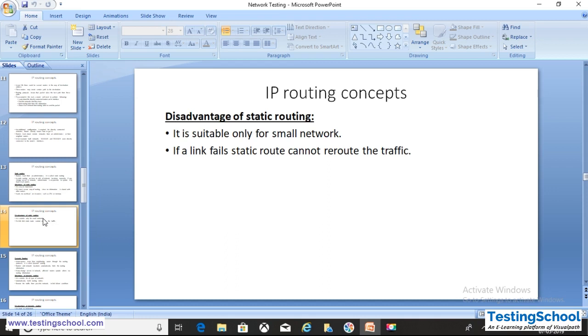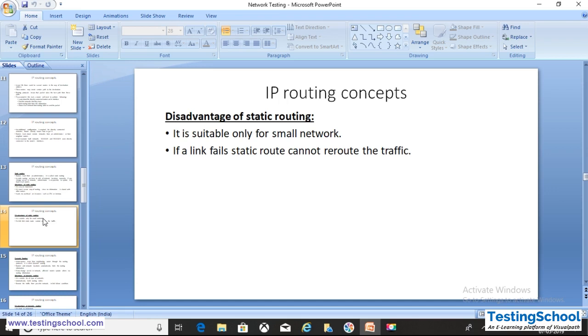So if a small network is there, or a small number of routers are involved, there are fewer entries he has to make, and it will be easy for him to manage. Otherwise, if he has to do it for more routers, it will not be an easy task. So it is suitable only for a small network.